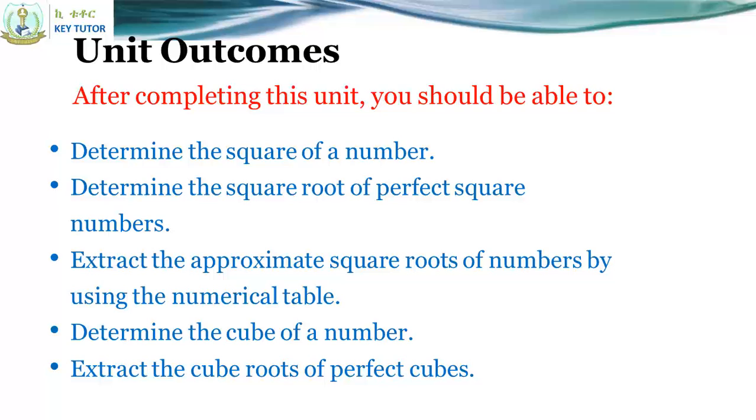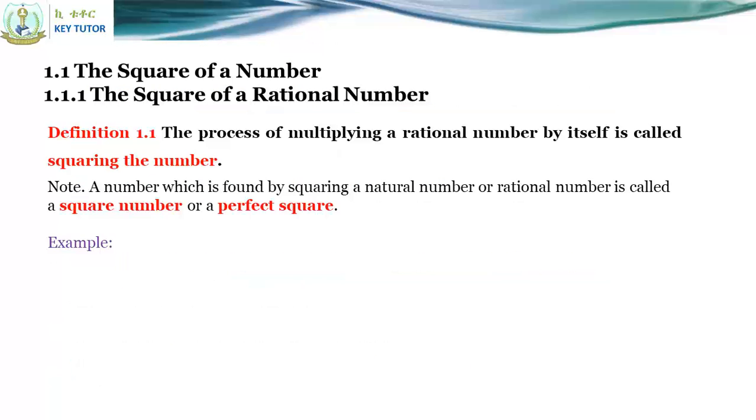After completing this unit, you should be able to determine the square root of a number, determine the square root of a perfect square number, extract the approximate square roots of numbers by using numerical table, determine the cube of a number, extract the cube roots of perfect cubes.